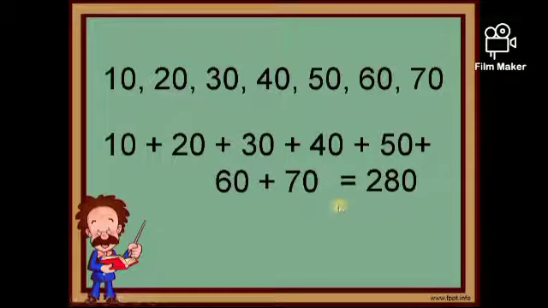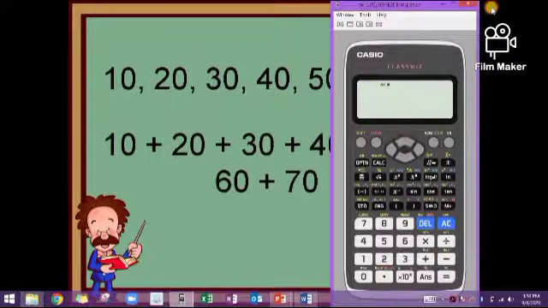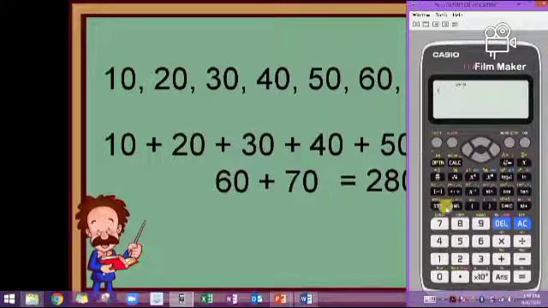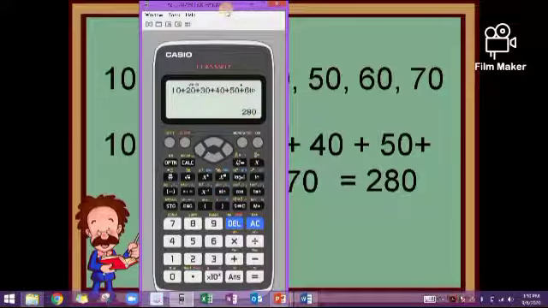Now, before you proceed, always check your answer using your calculator. So let's check. We have 10 plus 20, plus 30 plus 40 plus 50 plus 60 and then plus 70, the last number, and then take the equal sign, and we got 280.